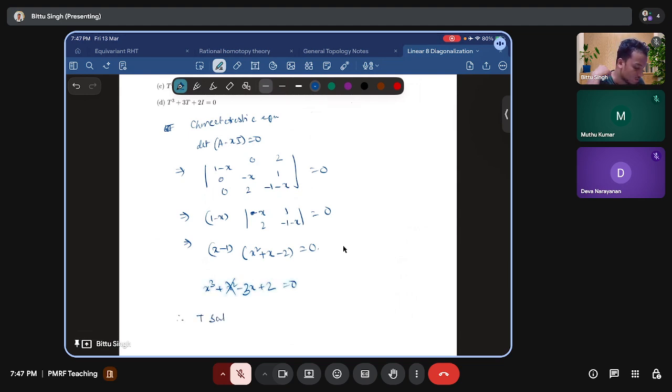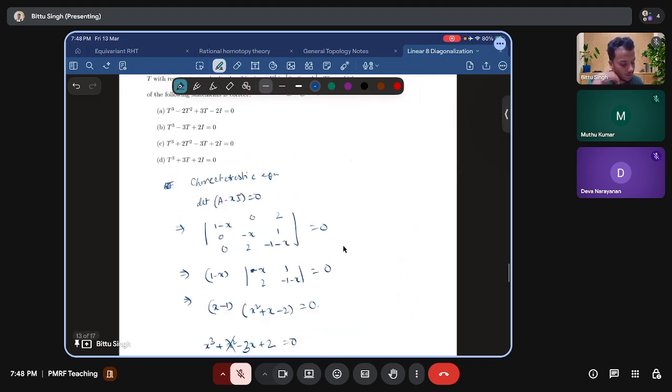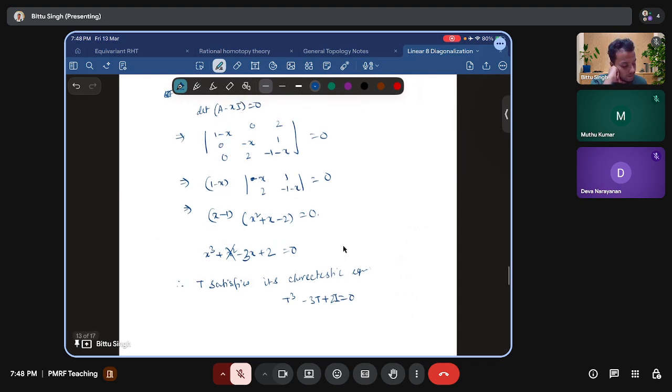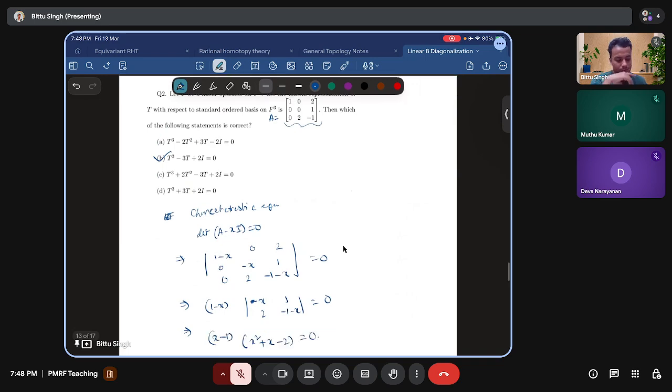T satisfies its characteristic equation, so we will get T cube minus 3T plus 2 equal to 0. Here 2 means 2I, 2 times identity, since 2 alone does not make any sense. So this is the correct answer.